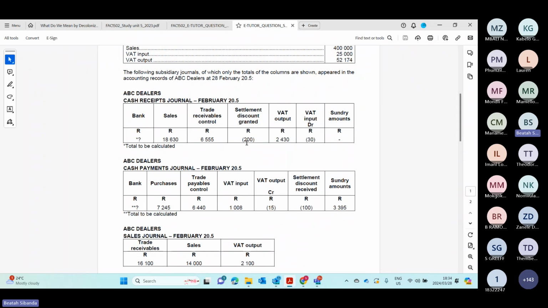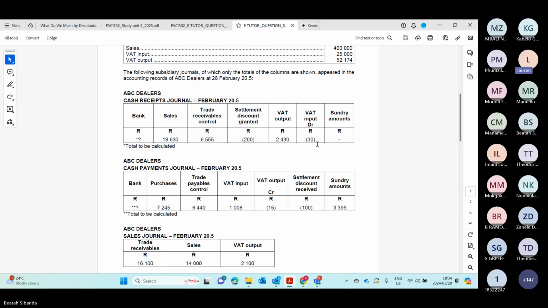So if we have a settlement discount, the output tax must be adjusted or corrected. To correct the output tax on that discount, we must debit input tax. So because we have a settlement discount granted, the VAT input is there to adjust the output tax on that settlement discount, because we are not going to receive that amount. So we need to reduce our output tax.